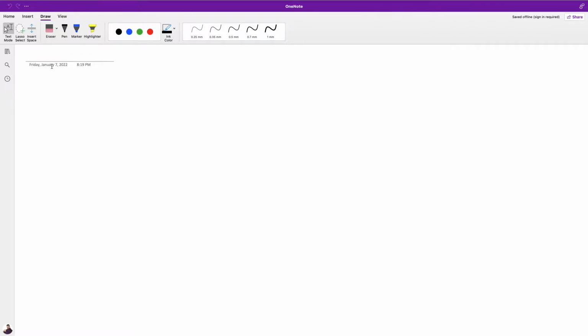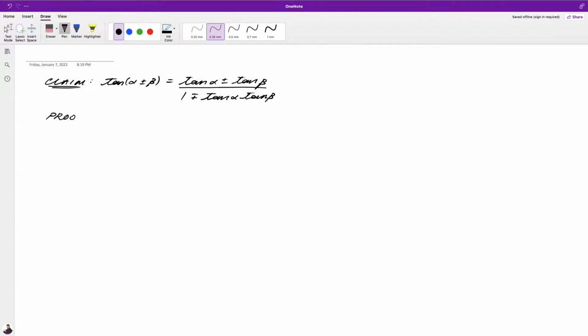So the claim is that if you have the tangent of alpha plus or minus beta, that's going to be equal to the tangent of alpha plus or minus the tangent of beta, all divided by 1 minus or plus tangent of alpha times tangent of beta. Okay. All right, let's prove this here.